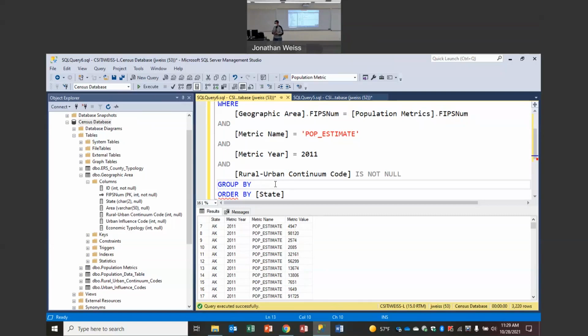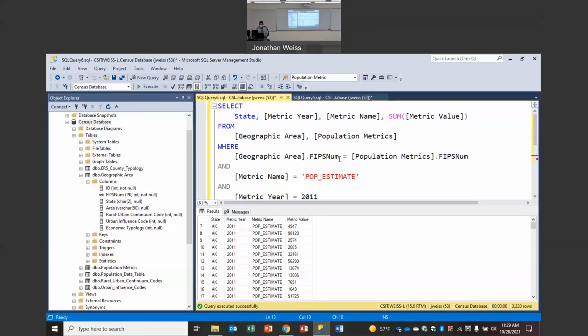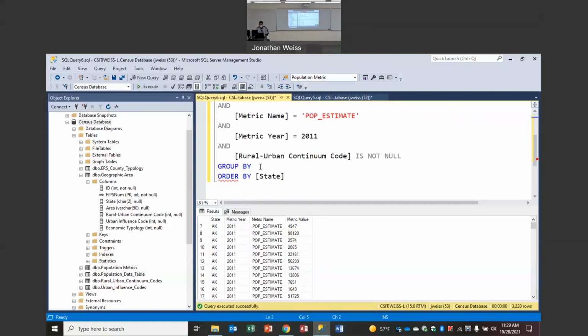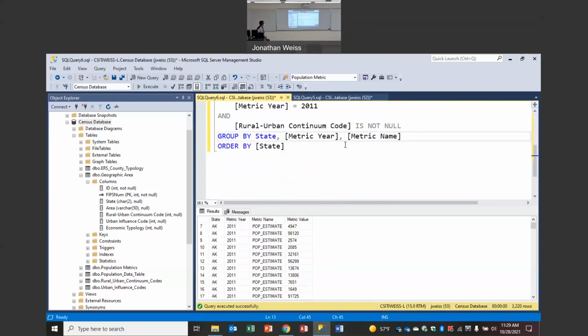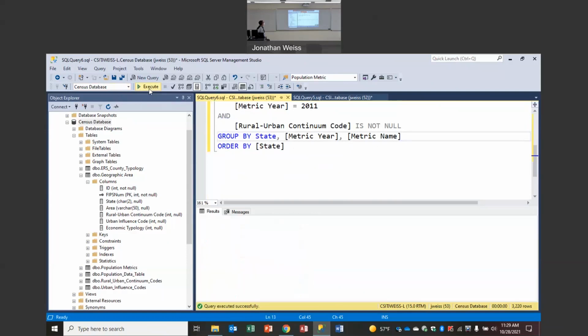Whenever you have an aggregate function, anything that you're selecting that is not an aggregate function needs to be in the group by statement. So we add that group by the number 6, and we run this query.